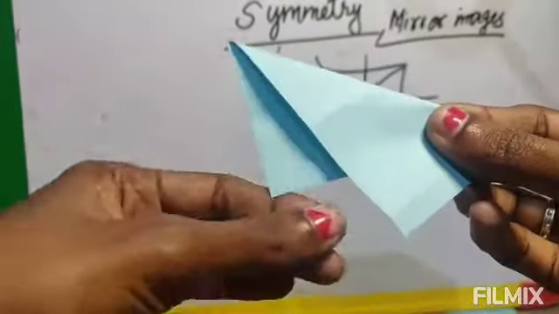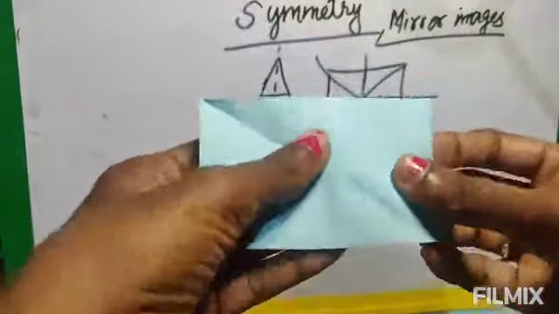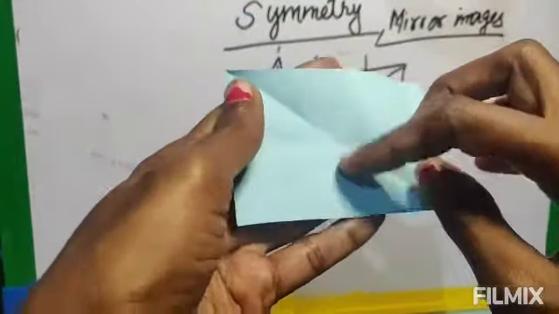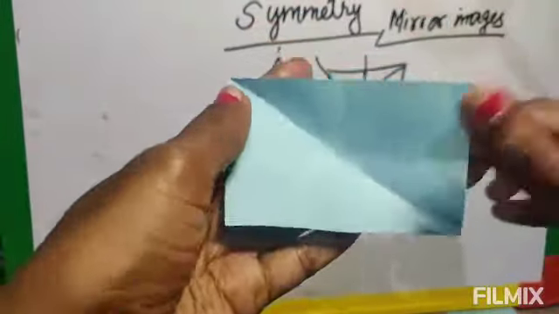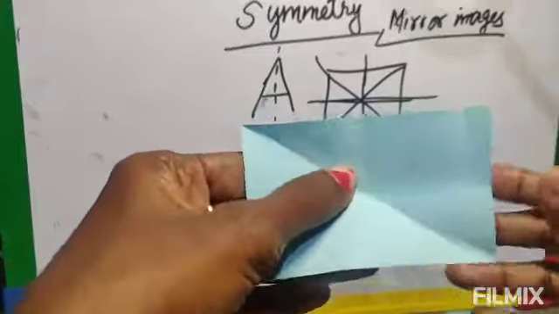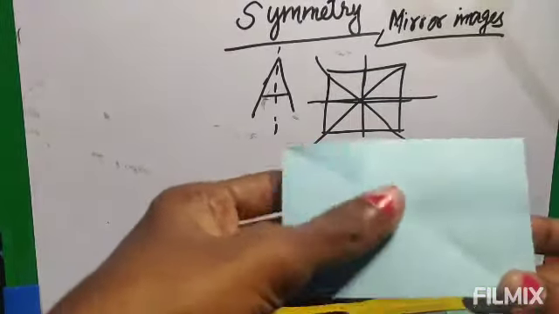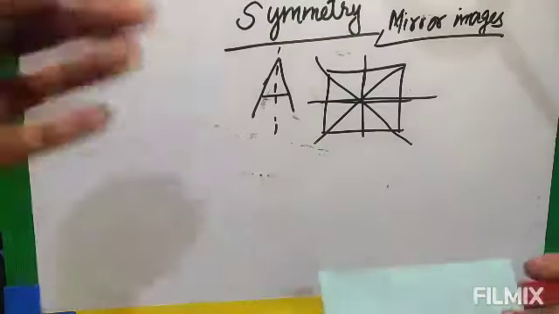They are not perfectly fitting on each other, so this cannot be a symmetrical line. So only the rectangle has symmetrical lines up to down and right to left, that means the vertical line and the horizontal line, but diagonally it is not a symmetrical line. But for a square, diagonally also you will get a symmetrical line.